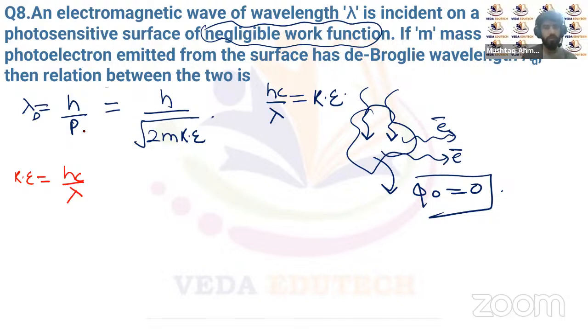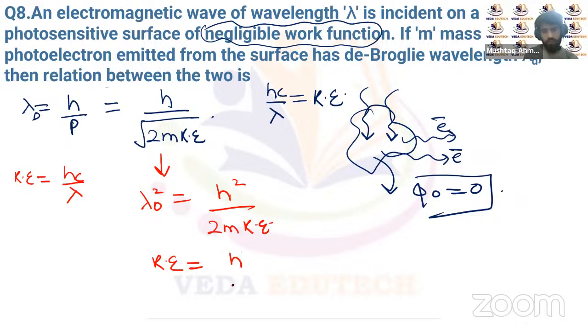Now from here, if we square on both sides of this equation, it will be lambda d square equal to h square upon 2m KE. Now let's take kinetic energy on this side: it will be h square upon 2m lambda d square.